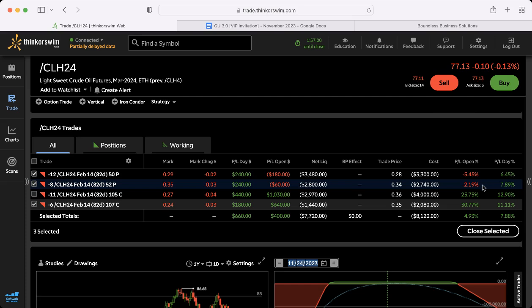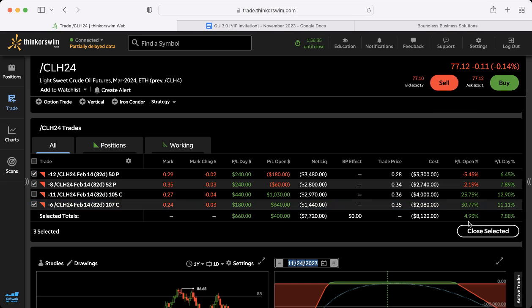On the 52 puts, I'm down 2.19%. On the day, I'm up 7.89%. For the 105 calls, for the day, I'm up 25%, and my open position is up 12.9%. And for the 107s, I'm up 30% today. My open position is 11.11%. Okay, this gives me my totals at the bottom.